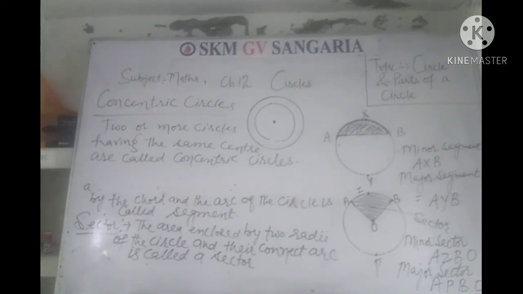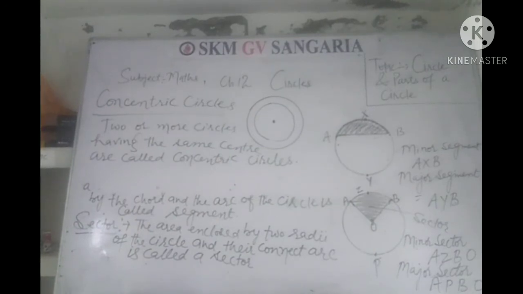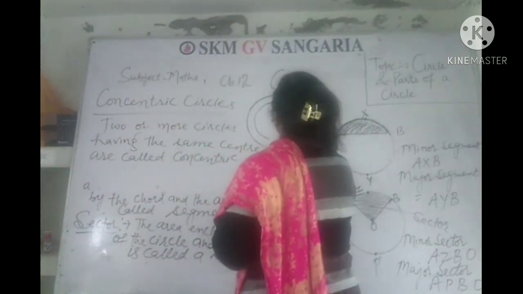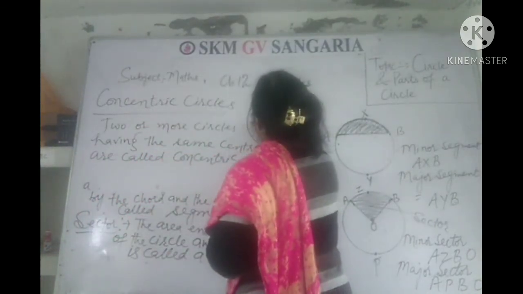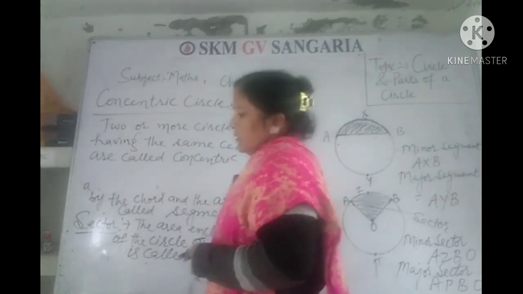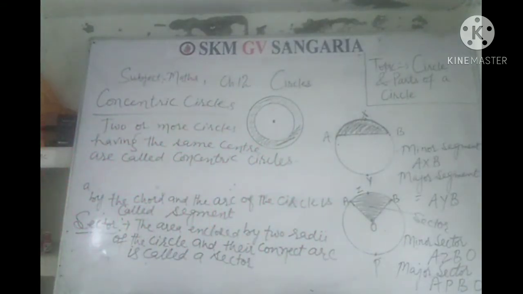The area enclosed between two concentric circles is known as the circular ring. The area enclosed between two concentric circles is called the circular ring, and this is called the circular ring.